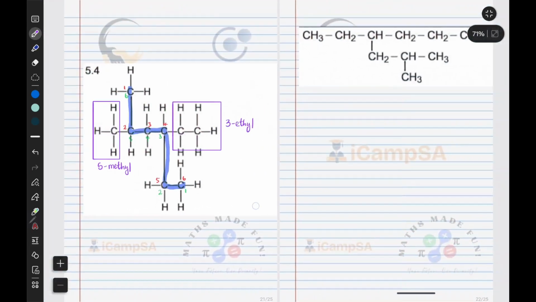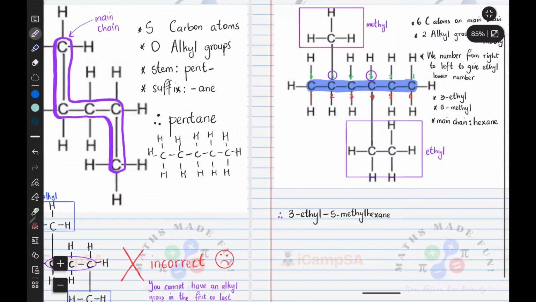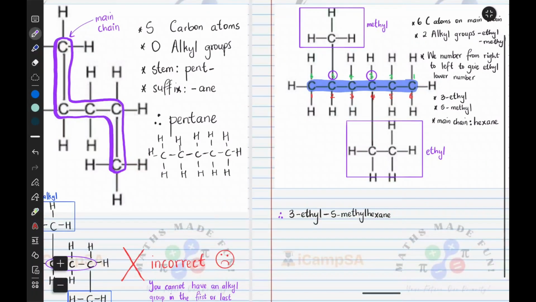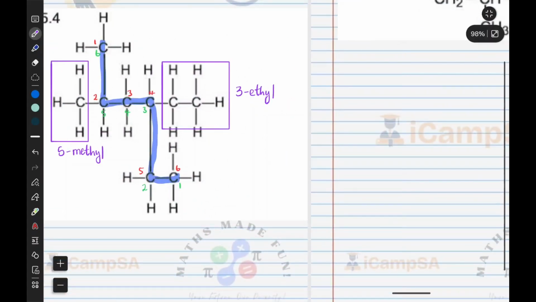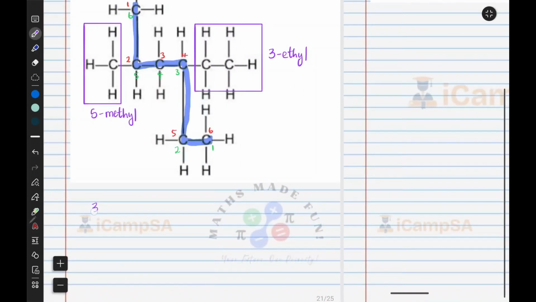If you check, coincidentally, I'm getting the same. I'll pretty much get the same name. Okay, so it becomes a matter of where you are looking at it from. But as long as you selected the longest possible continuous carbon chain, you will be fine. So here you'd still get 3-ethyl, right? 5-methyl, and then hexane, because there's 6 of them, hex.